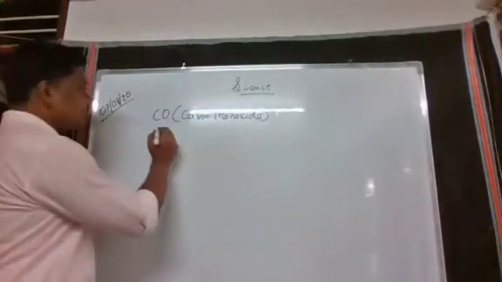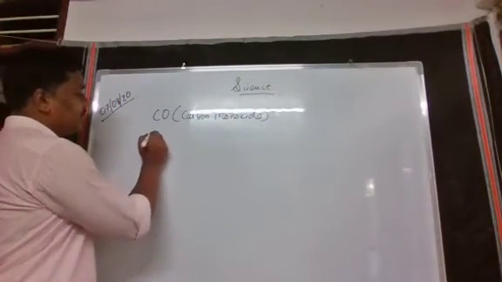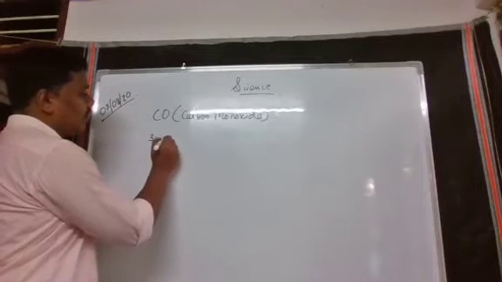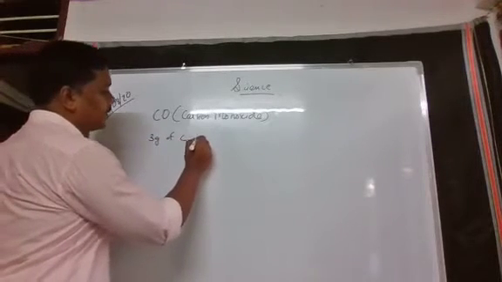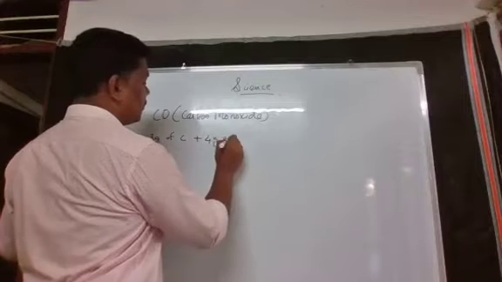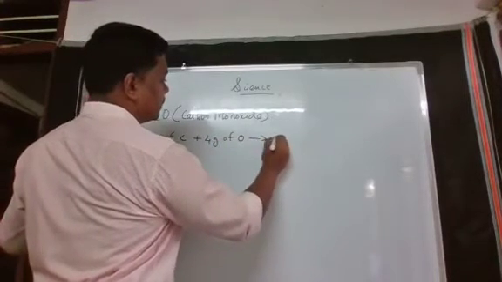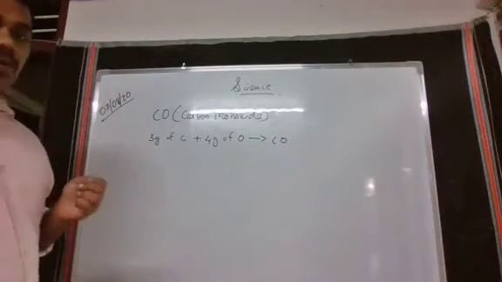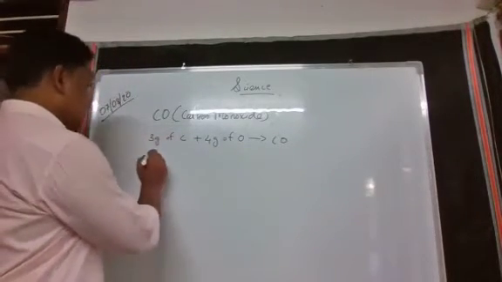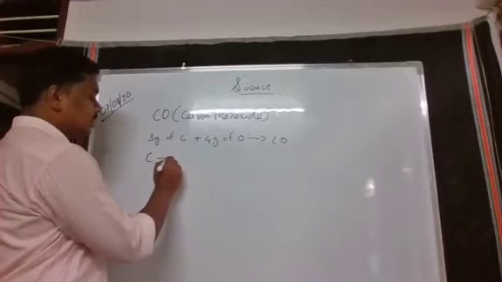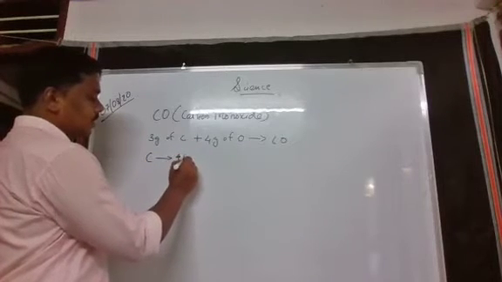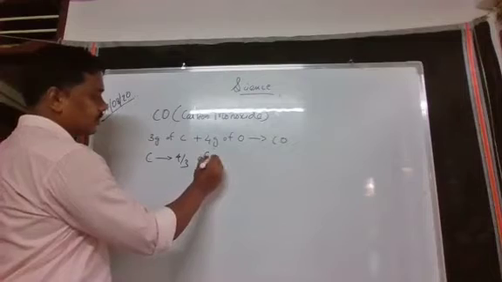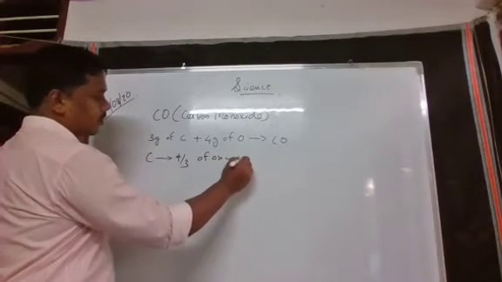In the experiment, 3 gram of carbon plus 4 gram of oxygen gives CO, that is carbon monoxide. In other words, carbon combines with 4 by 3 of oxygen to give this compound.